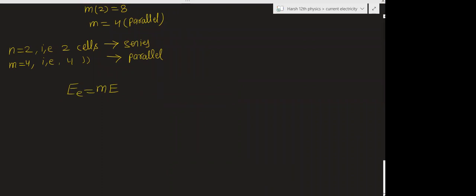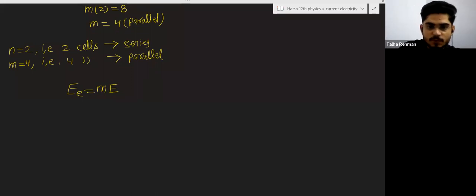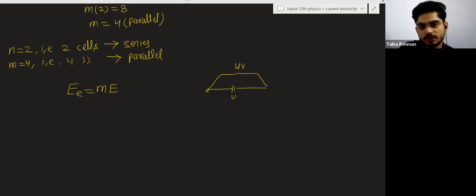Means you have connected two cells in series, and 2 volt and 2 volt you will get 4 volt. Here also you will get 4 volt.